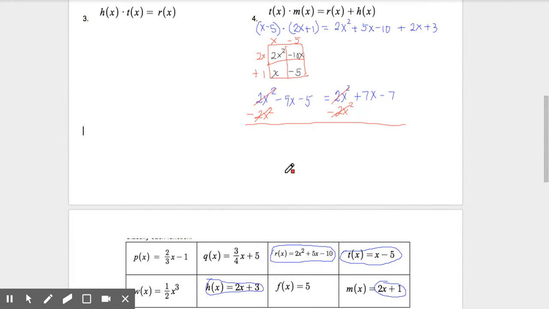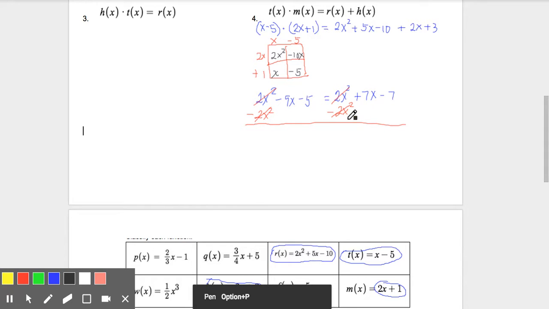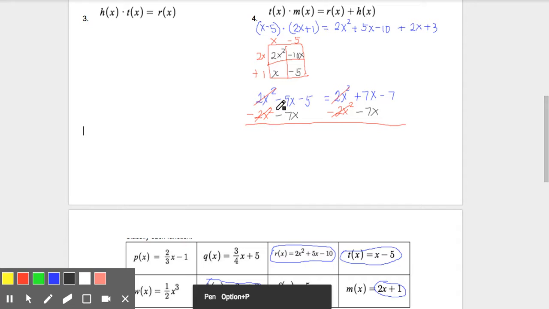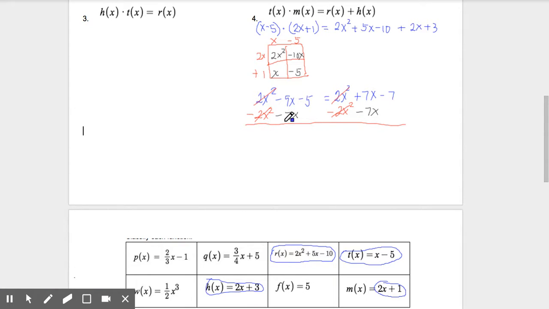So we can take away 7x from the right, so minus 7x from the right, minus 7x from the left. And so we'll have now negative 9x minus 7x is negative 16x. We bring down the minus 5 equals the 7x, and the negative 7x gives us 0, so x totally disappears from the right side, and we bring down the minus 7.